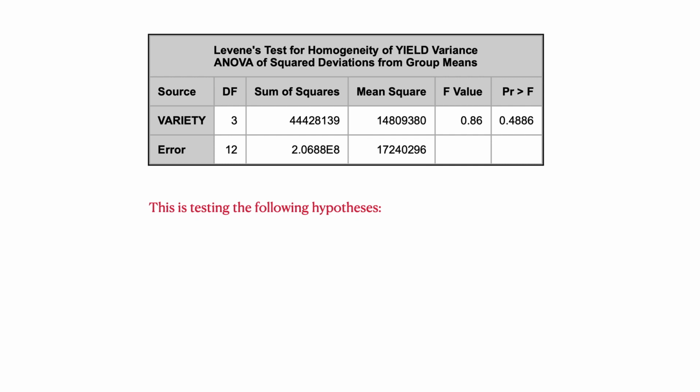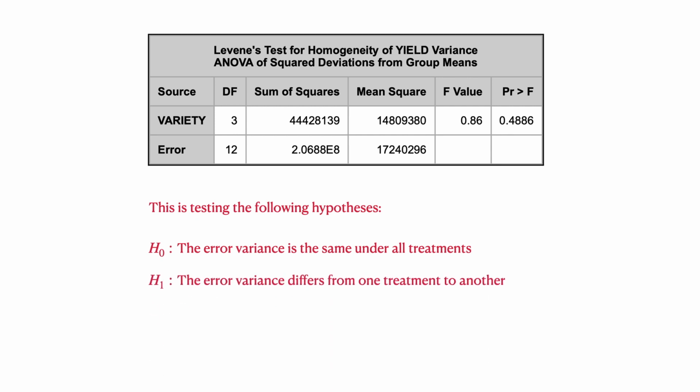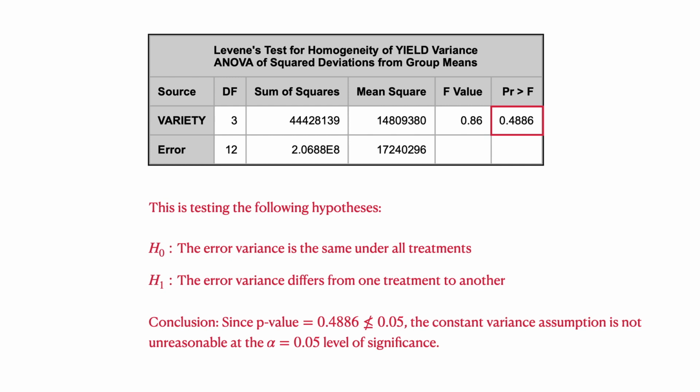Well, this analysis is testing the following hypotheses. The null hypothesis is that the error variance is the same under all treatments, or for all 4 varieties. The alternative hypothesis is that the error variance differs from one treatment to another. Now the p-value is 0.4886.